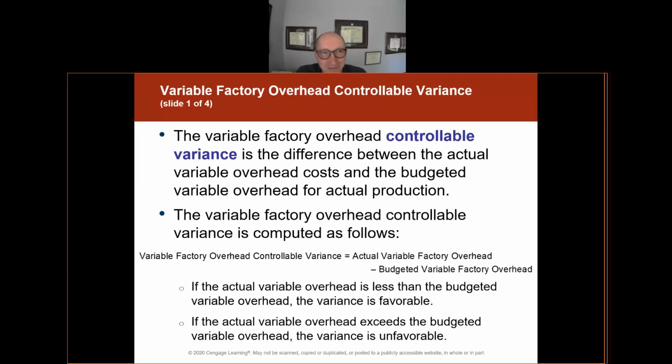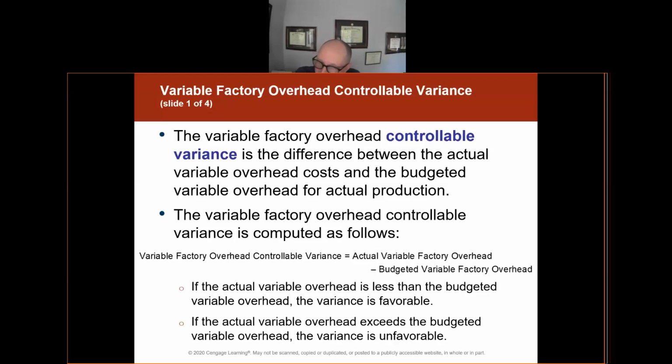Okay, so let's look at variable controllable variance a little bit closer. This is the difference between the actual and the budgeted for production, for variable cost estimates. And to calculate that, we take our actual variable factory overhead minus our budgeted variable factory overhead.